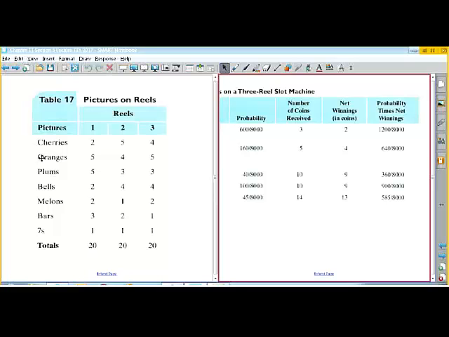You have pictures of cherries, oranges, plums, bells, melons, bars, and sevens. There are 20 pictures on each spinning wheel. Depending upon the results you win or you lose, and if you get certain combinations, then you win more money.